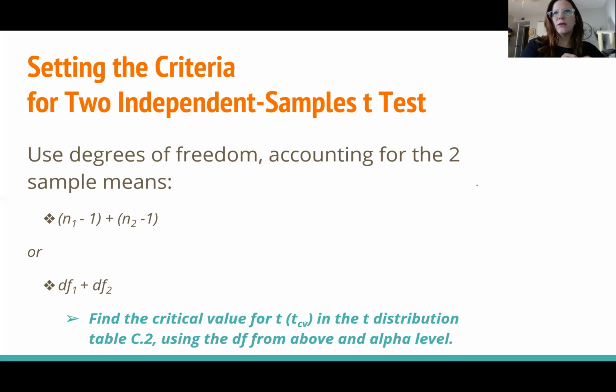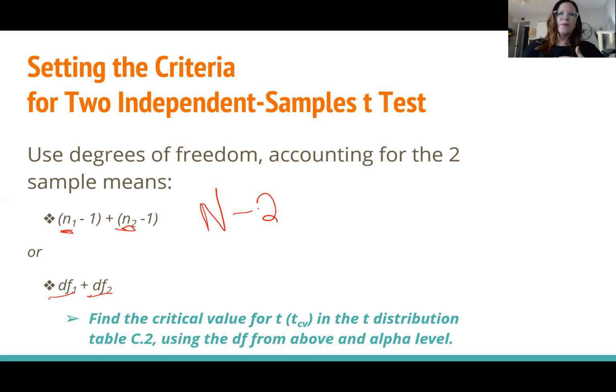When you see n sub 1 and n sub 2, this is the sample size for the first group and the sample size for the second group. You take each minus 1 and add those together, which is the same as the degrees of freedom for group 1 plus the degrees of freedom for group 2. Another way is using capital N minus 2, capital N being the total number of scores in the entire study.